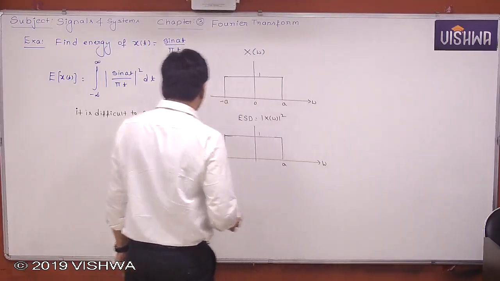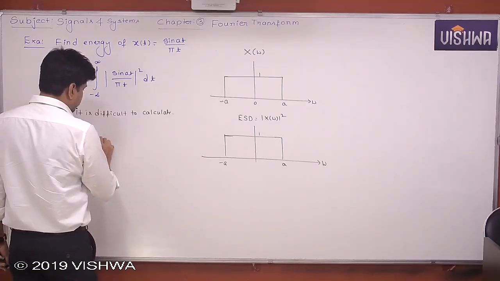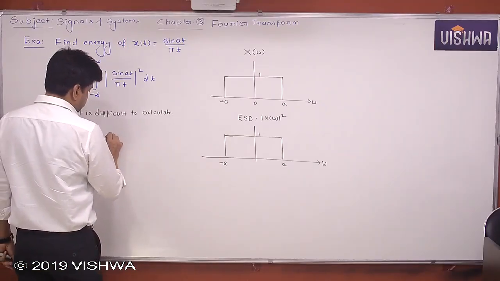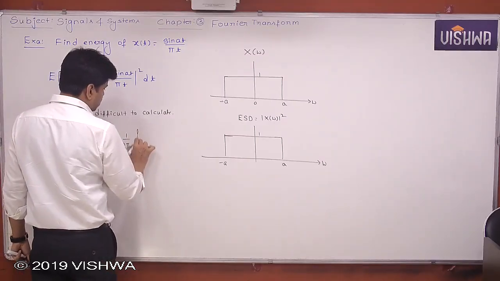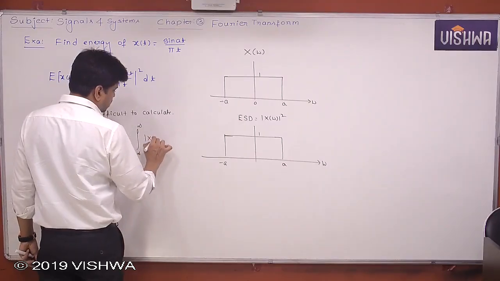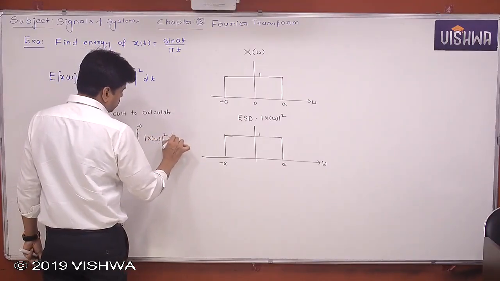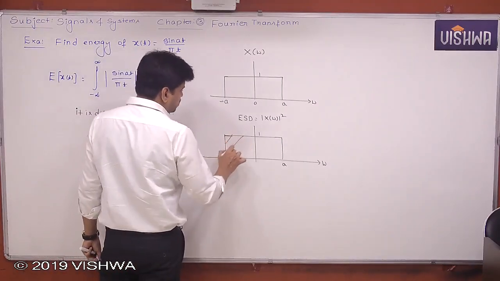Then what is the energy formula? Energy of x of t is equal to 1 by 2 pi integral minus infinity to infinity mod x of omega whole square d omega. So this is the energy spectral density. What is the area under this function?